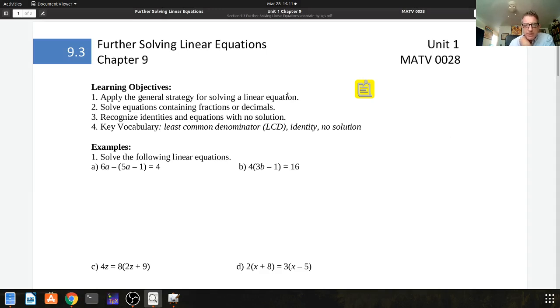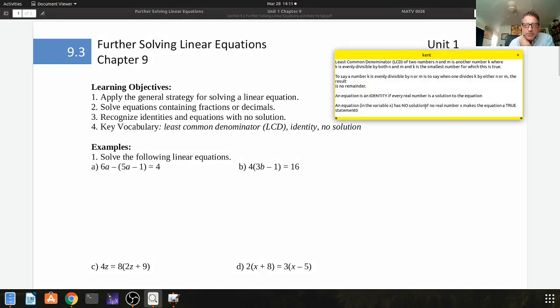Same exact screen. So just to remind you, the least common denominator of two numbers, just call those numbers n and m, is another number k, where k is evenly divisible by both n and m.